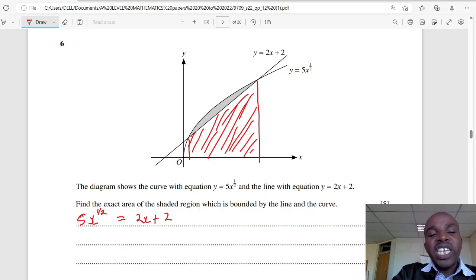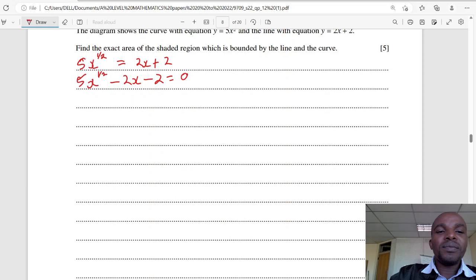Then you collect everything to one side. So it's 5x to the power half minus 2x minus 2 is equal to 0. Make this item quadratic. To make it quadratic, you can check. We have x to the power half in this case, and you have x. So you can let m be equal to x to the power half.